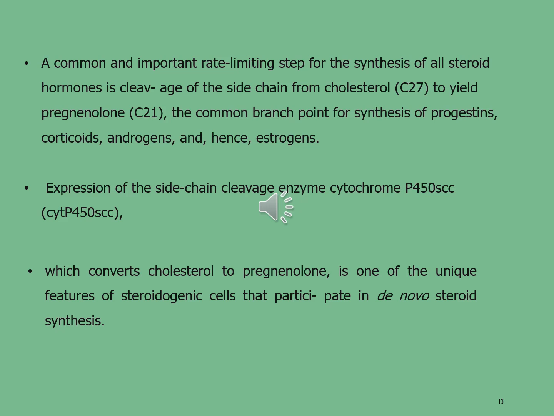that is carbon 21. The expression of the side chain cleavage enzyme, that is the cytochrome used for the cleavage of the side chain of cholesterol, P450 SCC, which converts cholesterol to pregnenolone, is one of the unique features of steroidogenic cells that participate in de novo steroid synthesis.